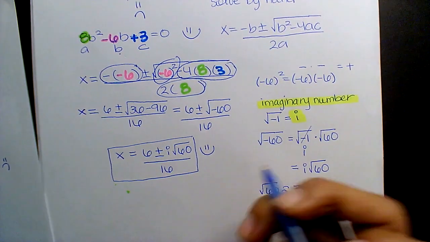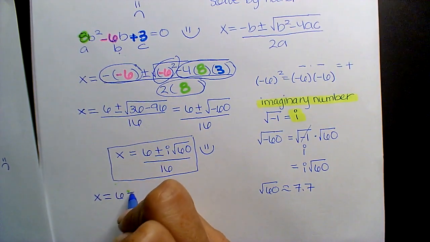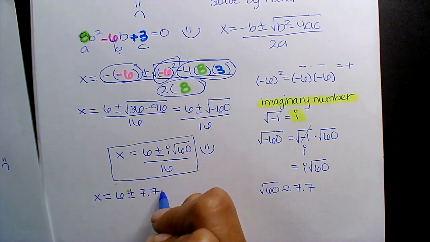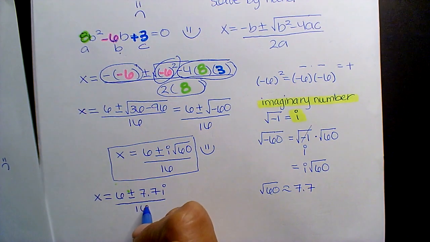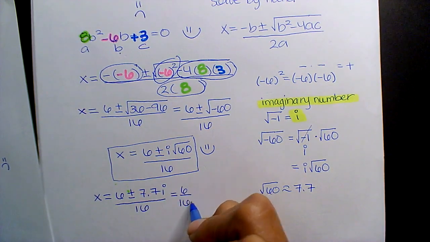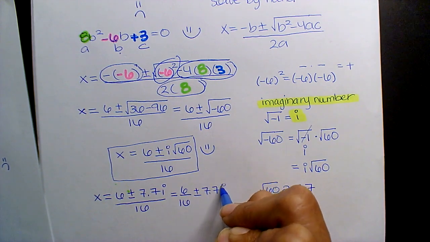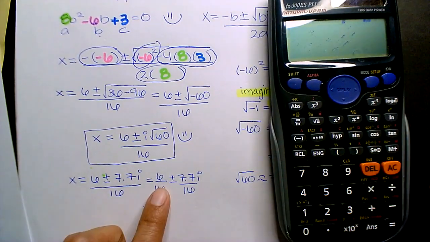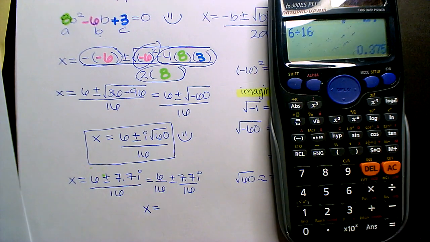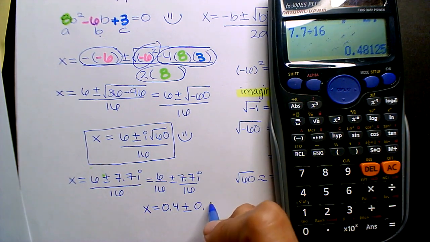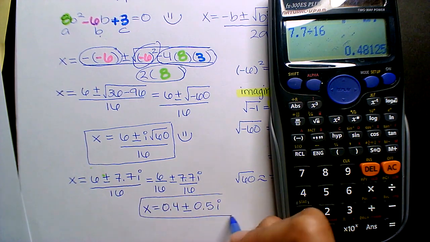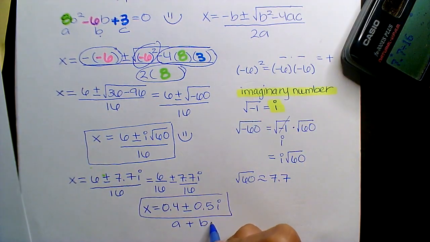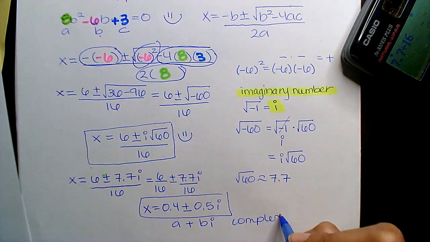So if you're like, I want to do more, 6 plus or minus 7.7i over 16, and then you can separate it. 6 over 16, 7.7i over 16, and so then your complete complex number, this is like what honors have to do, 0.4 plus or minus 0.5i, and so this is what they call an a plus bi form, and this is a complex number.